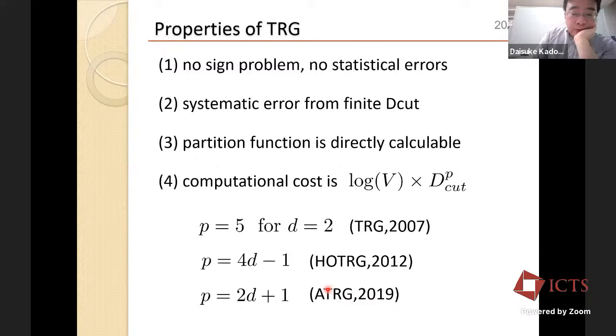For those, p is 4d minus 1 for the HOTRG method, and p is 2d plus 1 for the anisotropic TRG method. However, the computational cost strongly depends on the dimensionality.